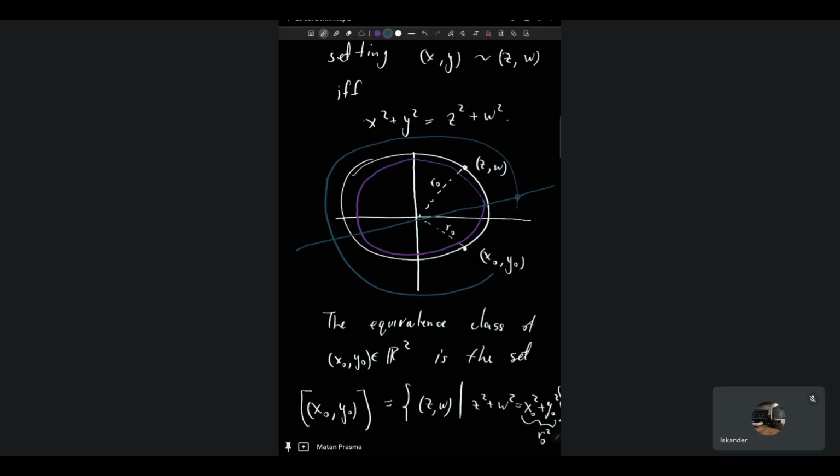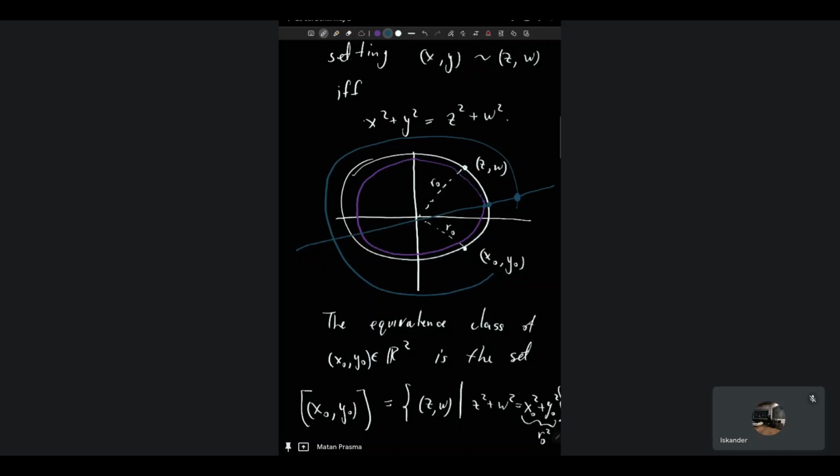And I choose one element in every circle that intersects this line. So in this way, I can identify the set of equivalence classes of this example with simply one given line that passes through the origin.